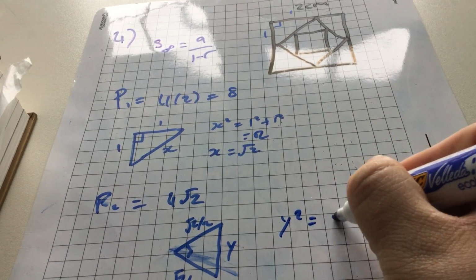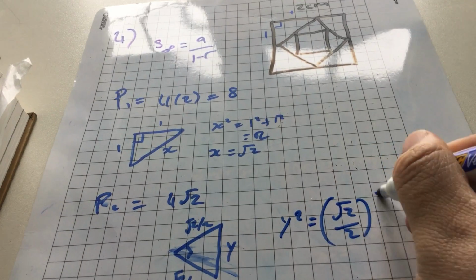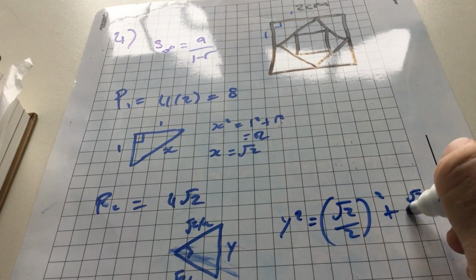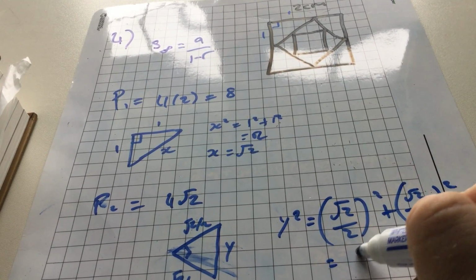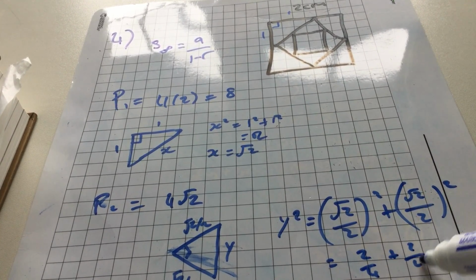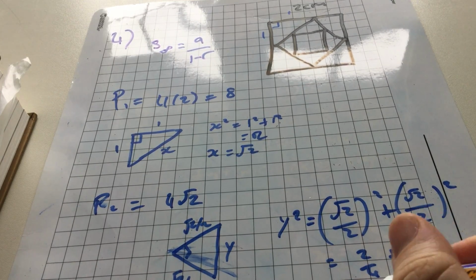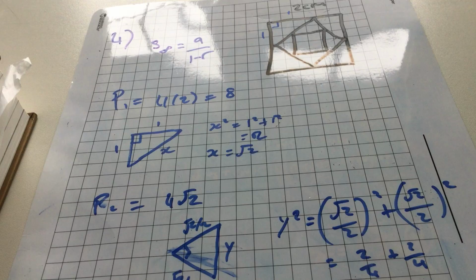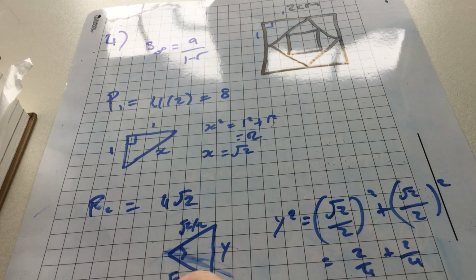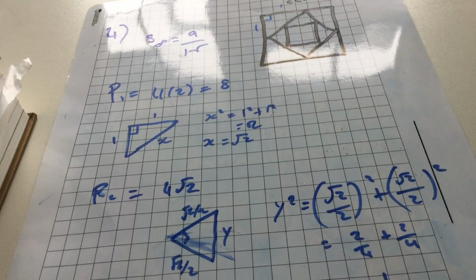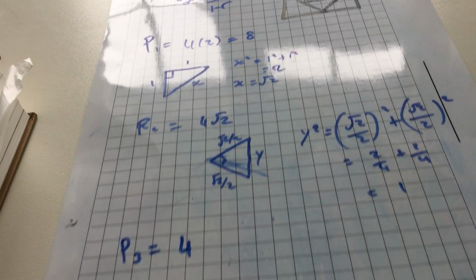So y squared is root 2 over 2 squared plus root 2 over 2 squared, which is 2 over 4 plus 2 over 4, which is 1. So I get perimeter 3 is 4. Okay, perimeter 3 is 4.